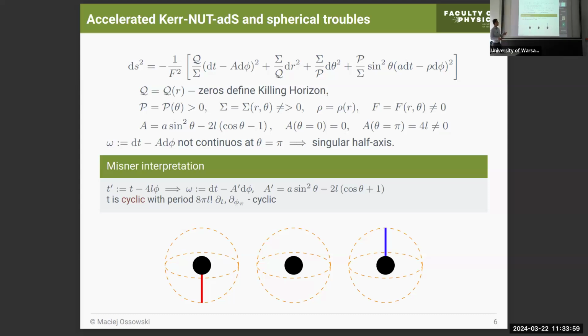So his idea was to just take two copies and glue the non-singular parts. However, to do this, if you really insist on this completely non-singular picture, then you have to agree that this T coordinate transforms in this manner as it's written here, which implies that actually T is cyclic.